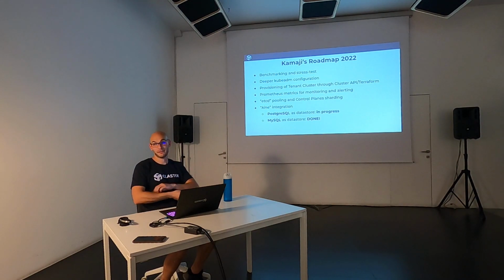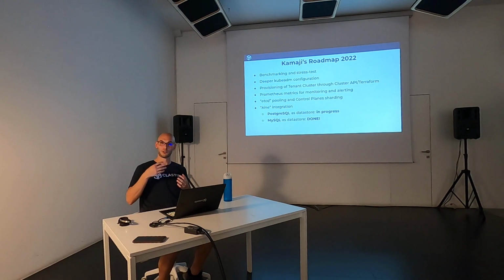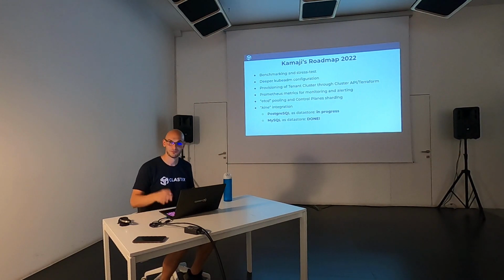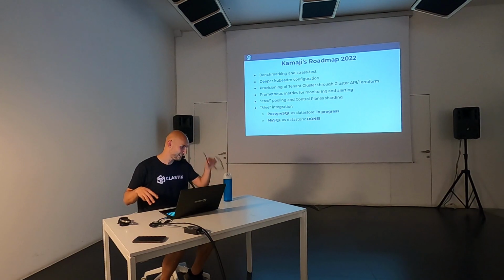Then we are also working on the Prometheus integration, because obviously Kamaji can be a critical component for infrastructure, so you must have alerts, rules, and so on. And also regarding backend storage, the next question, I remember that was from you, Cristiano. Right now we are using a single instance of etcd, although spawned across 3 instances with replication. But we are still evaluating starting a pooling of etcd, because we know that etcd is great.